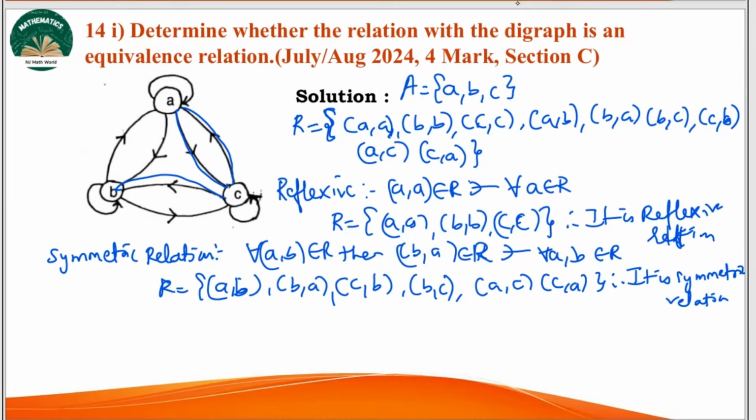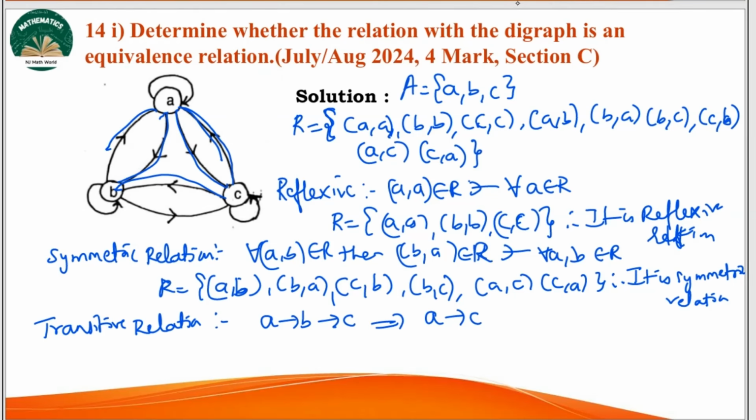Now we will check the transitive property. For a transitive relation, it need not be a direct edge from A to C. It can be a path. That is, if you have A to B and then from B to C, then we can have a path going from A to C. That is, from A to B, then again from B to C, we have the path from A to C, which is there in the graph.